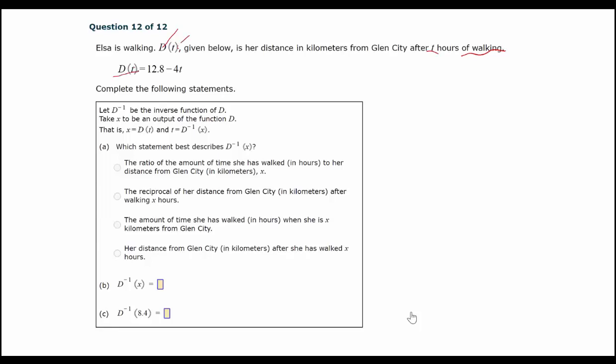So the distance is 12.8 minus 4 times the hours she walked. Complete the following statement. Let D inverse. So they are talking about the inverse function of the given function.